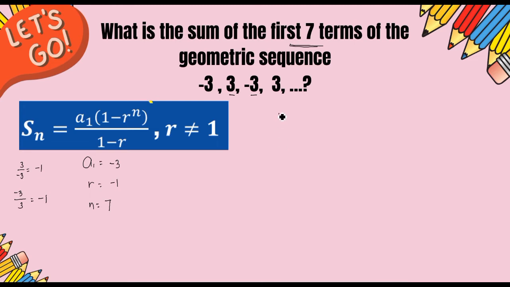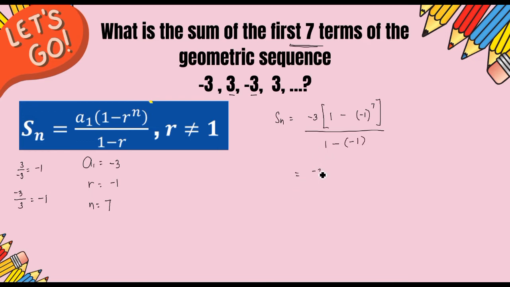So, let us now substitute. S sub n is equal to, ang a sub 1 po natin ay negative 3 times ang 1 minus, ang r po natin ay negative 1, then, raise natin sa 7 all over 1 minus negative 1.